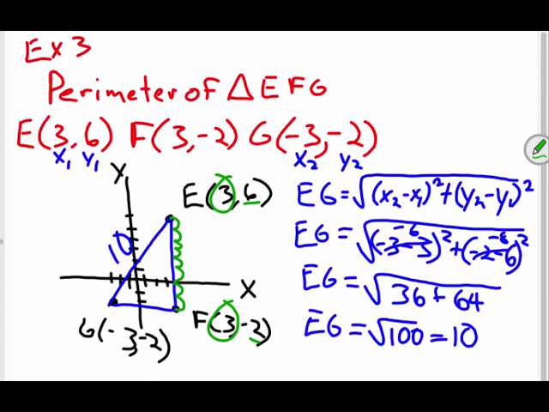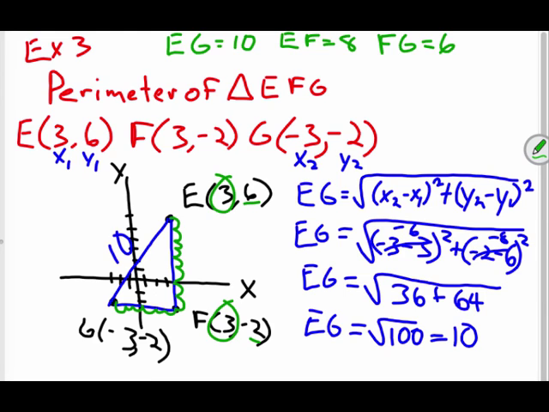All right, so let's label these somewhere here. I'm going to say that EG is equal to 10. Then E to F is 8. And now let's count F to G. So I'm going to go 1, 2, 3, 1, 2, 3, or 6. So F to G is 6.